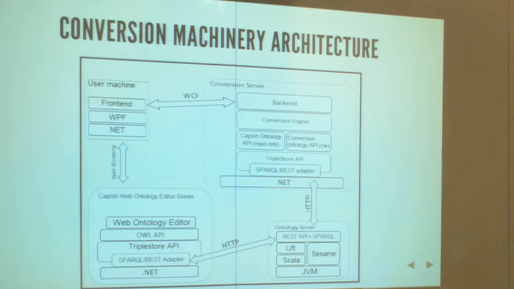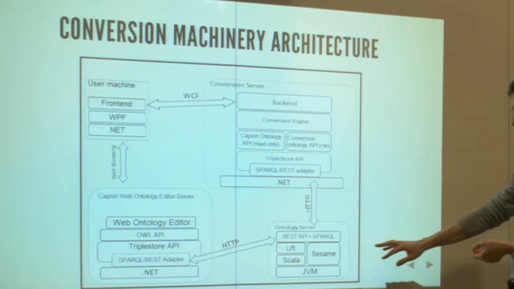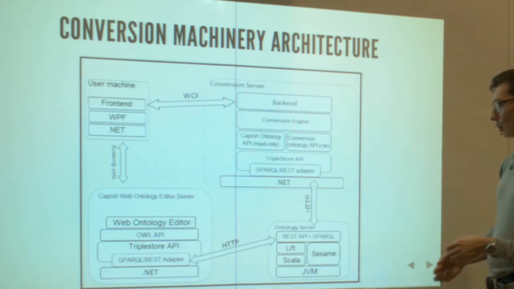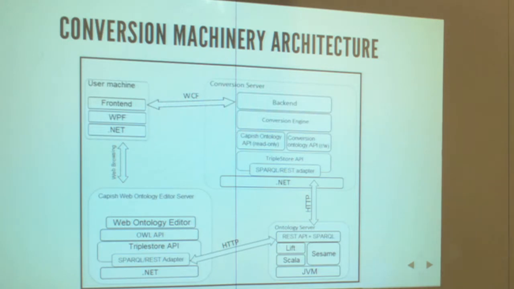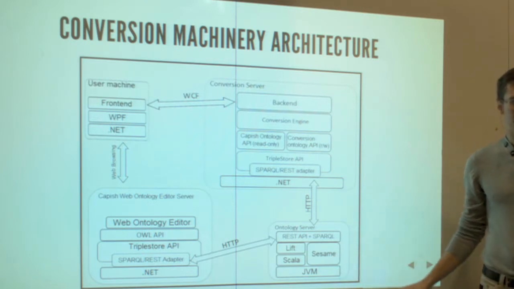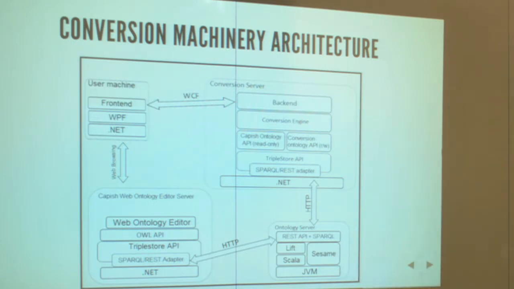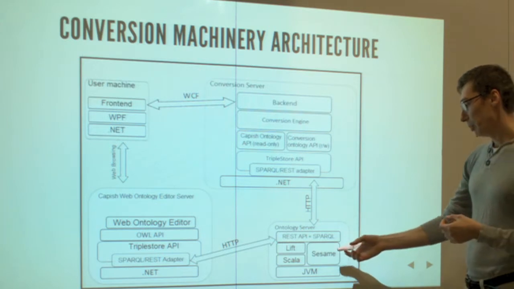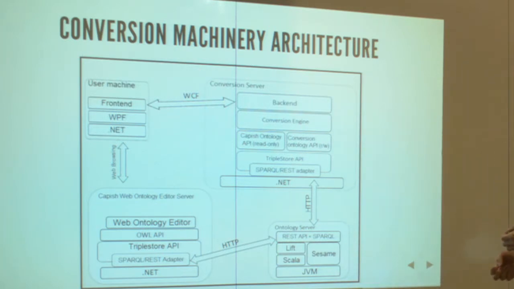Then the server itself, which is of most interest for us in the context of this meeting, is built using the Sesame triple store, which is quite well known, you could even say a standard. Many triple store vendors implement the API, and it runs on the JVM.